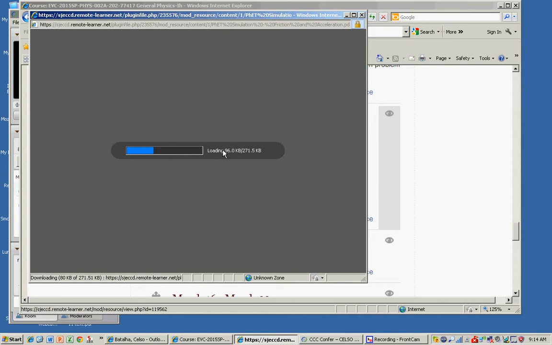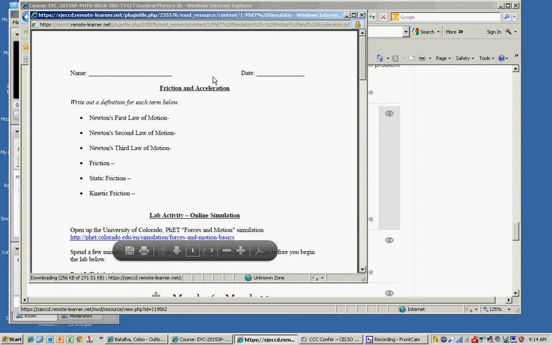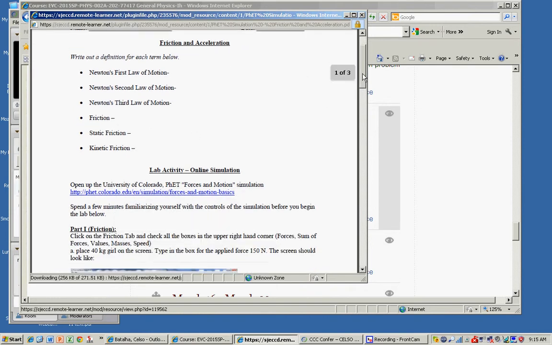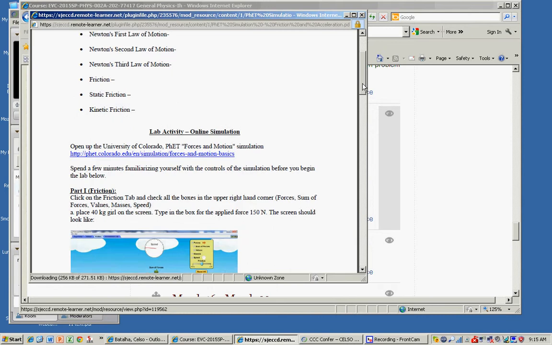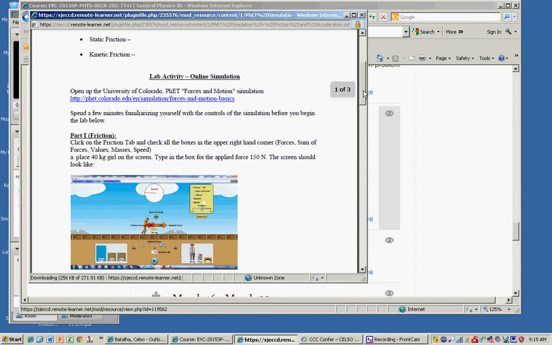This file I just borrowed from PhET Colorado. So you write your name in there, the date, and then you have to write a definition of Newton's third law, what frictions are, what is static and kinetic. So try to be brief about it, and pretty much that's it.